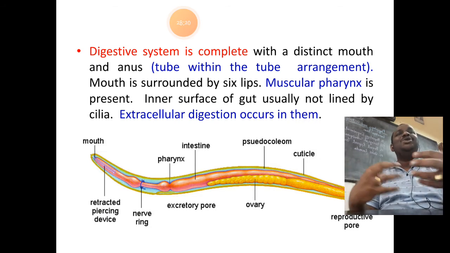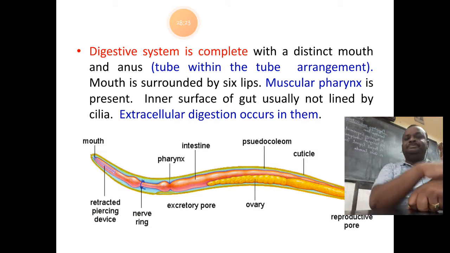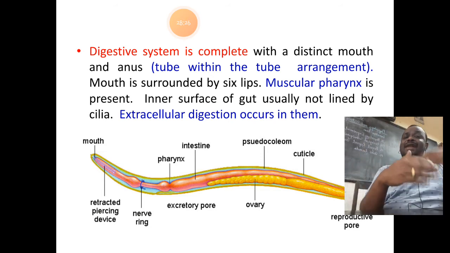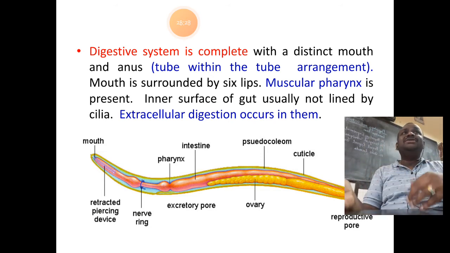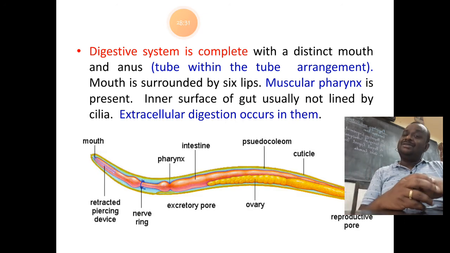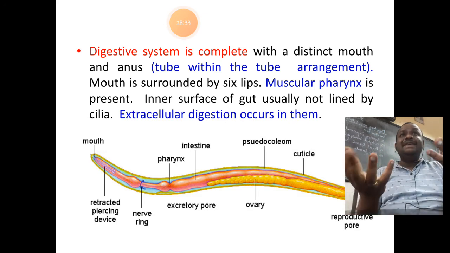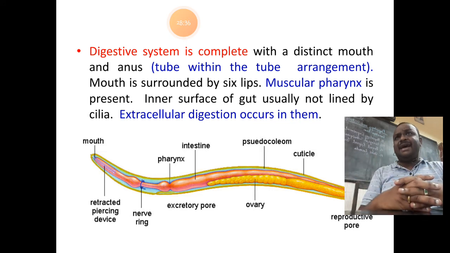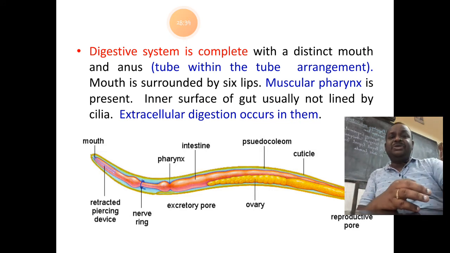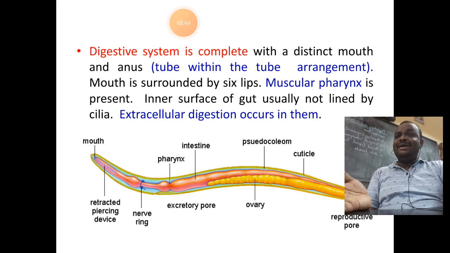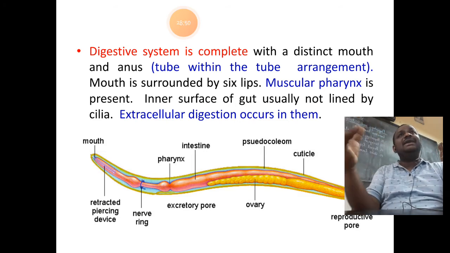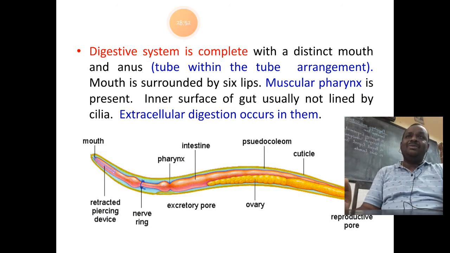There is no requirement of the ciliated epithelium much. Okay, and the digestion is both intracellular and extracellular. Extracellular digestion is seen well in these organisms, that is within the tubular alimentary canal. We have understood that free living forms like Caenorhabditis elegans feed on microbes, especially bacteria present in decomposing plant vegetation. If it is a parasite, it will directly take in the digested food of the host itself.